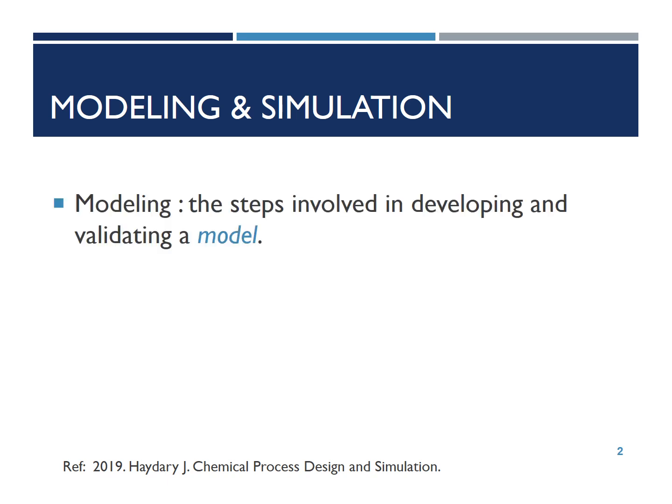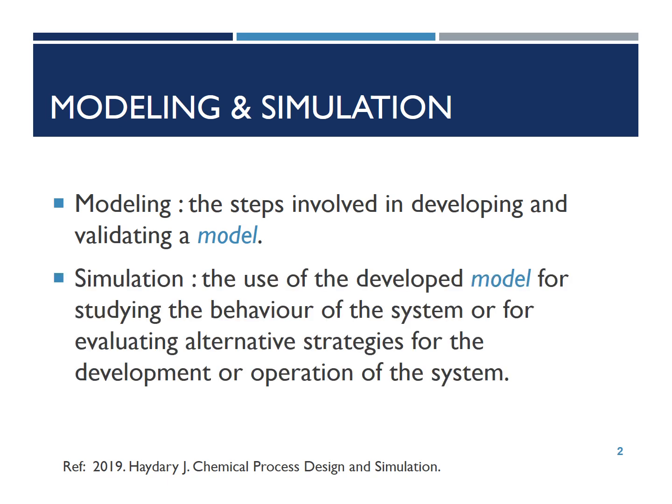In this context, modeling therefore refers to all actions involved in developing and validating such a model, whereas simulation refers to the use of the developed model to study the behavior of the system or to evaluate alternative strategies for the development or the operation of the system.